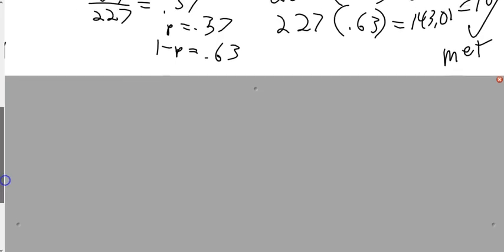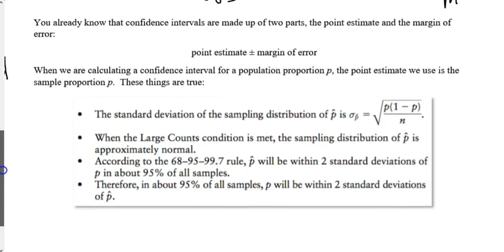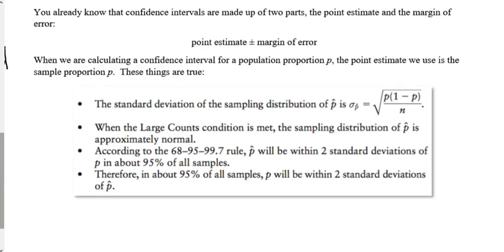Okay, the rest of this is just reading right here. So, you already know the confidence intervals are made up of 2 parts. There's the point estimate plus or minus the margin of error. So, here's the formula. I won't say it's a new formula because this is the formula we used last year and last week for this part. So the standard deviation of the sampling distribution is the square root of p times 1 minus p over n.